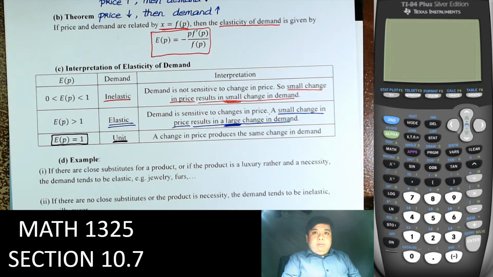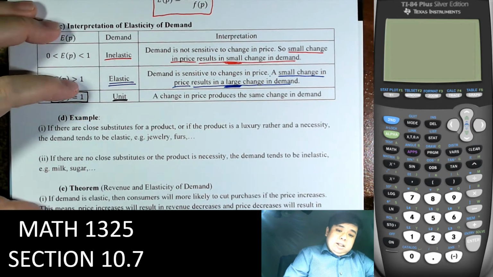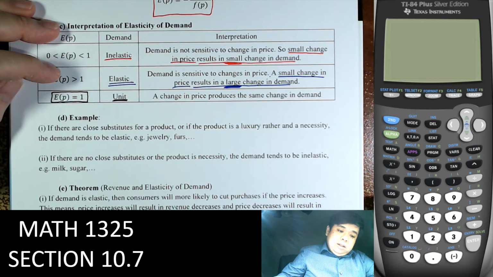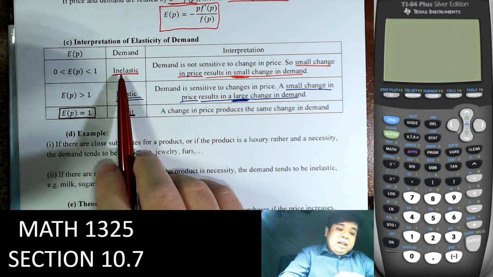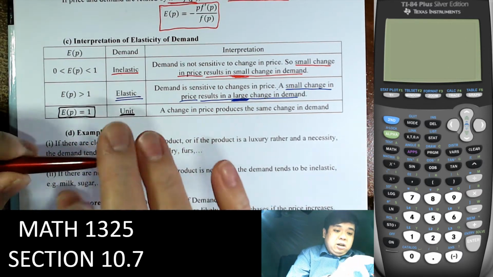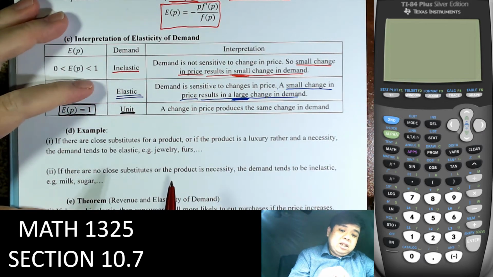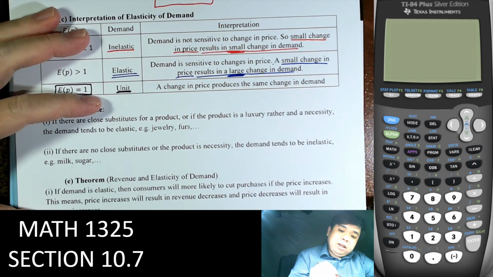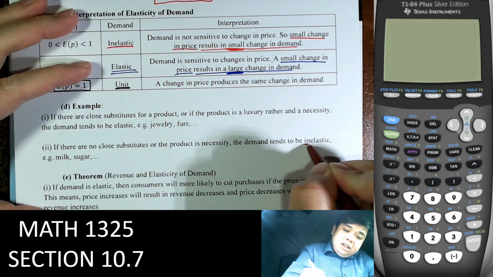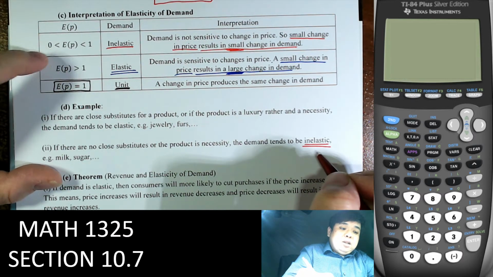Right, so with that, the interpretation: once again, inelastic means a small change in price does not change much in the demand. So we could think of that as a necessity. For the inelastic, that is where the elasticity of demand is between 0 and 1.